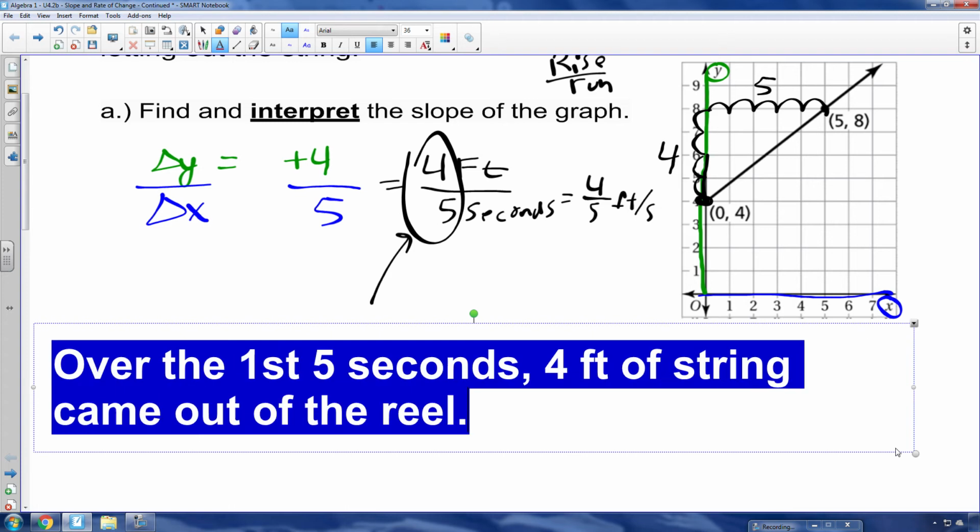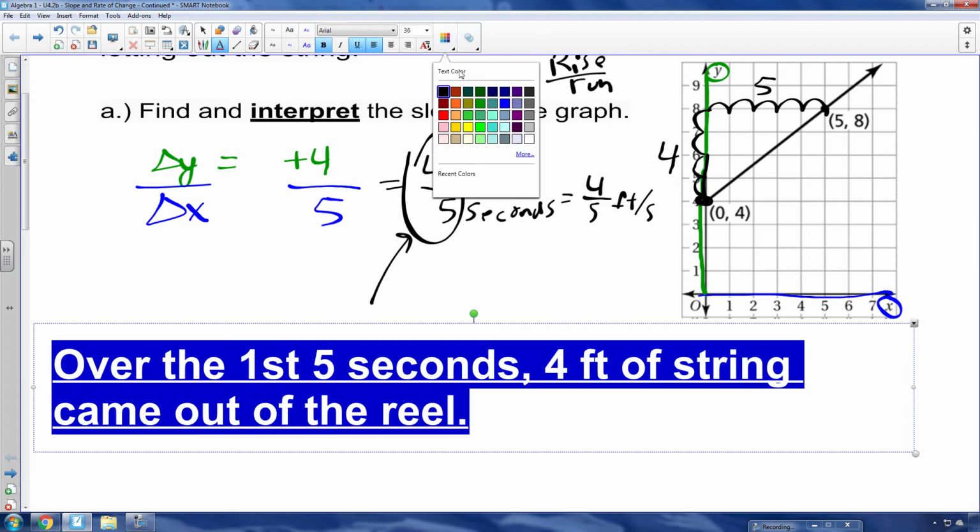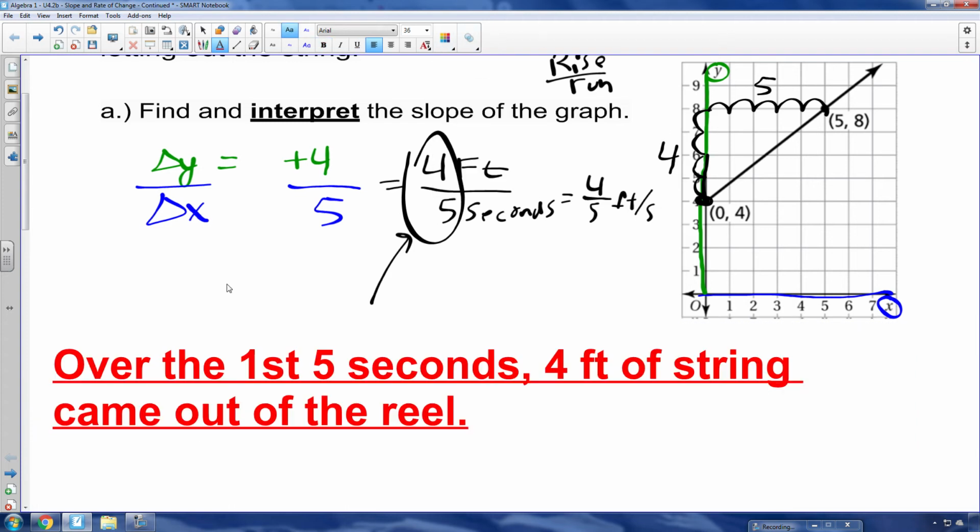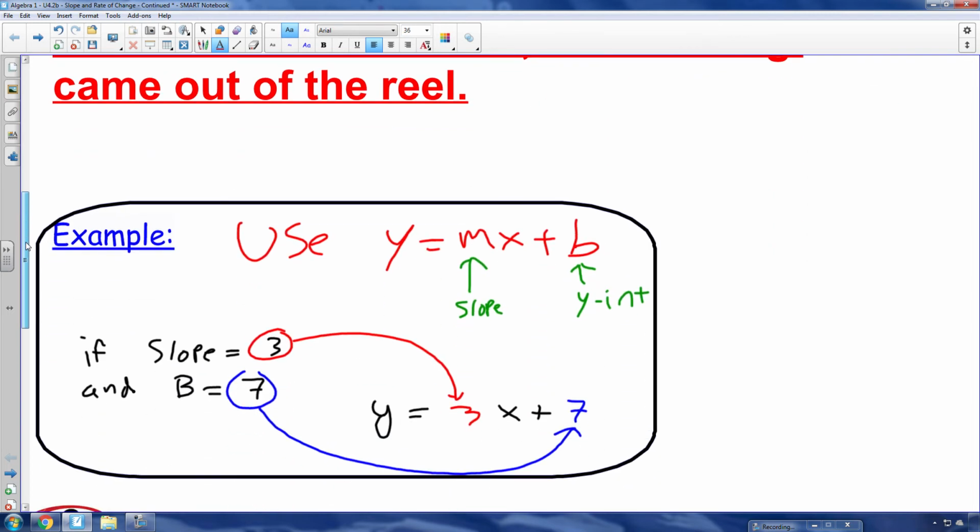And that's really what we want to understand. This is interpreting the slope. This is important, hence why I'm making it bold, underlined, and in red. We want to be able to understand what it means when we're looking at a slope.